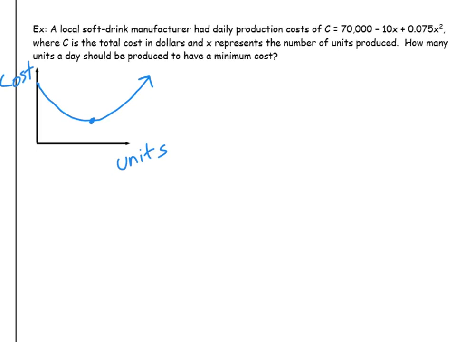How many units a day should be produced to find a minimum cost? Well, no surprise that it's a minimum, because again, you look over here, A is positive, so we have a quadratic that opens up and has a minimum. Our go-to pretty much every time: negative b over 2a.